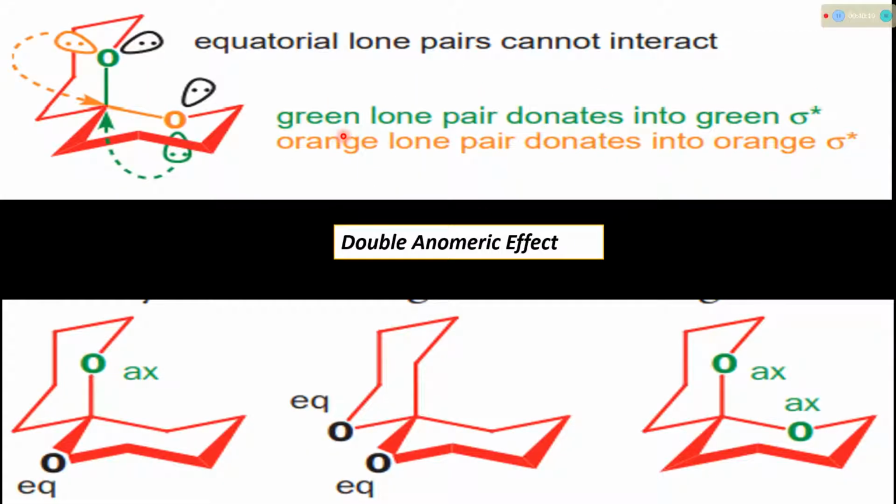Regarding the conformation of the two cyclohexane chairs in this spiroketal, we all know the anomeric effect in cyclohexane. If there is an oxygen atom in the six-membered ring, the adjacent carbon is called the anomeric carbon.